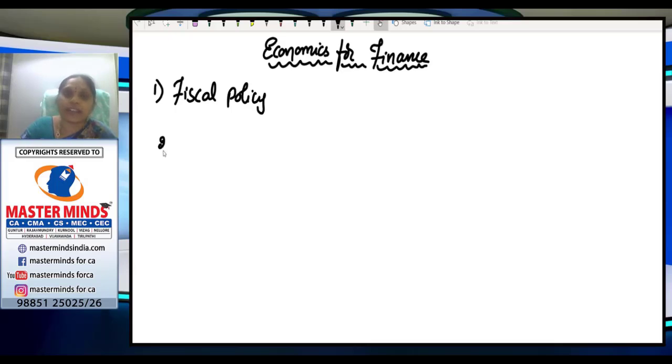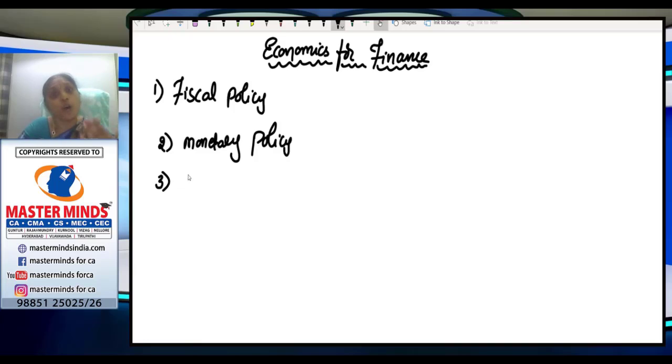And the next one is money demand and money supply, monetary policy. So we are giving importance to which policy? Monetary policy. And the last chapter is international trade: theorems on international trade, trade policies, trade negotiations. All these come under trade policy.